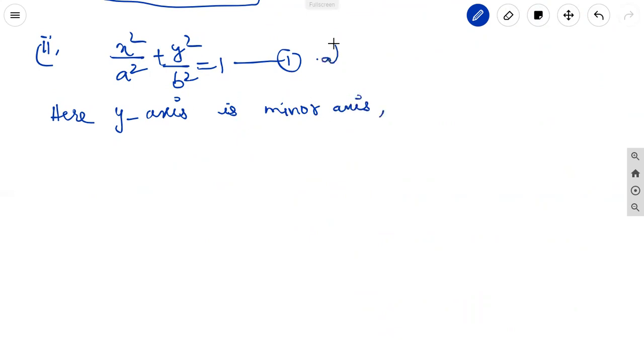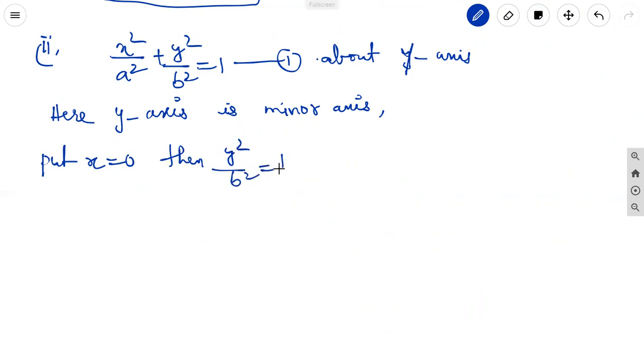About y-axis means find out volume about y-axis. That is nothing but put x equal to 0. Then y squared by b squared equal to 1. Y squared equal to b squared. Y equal to plus or minus b.